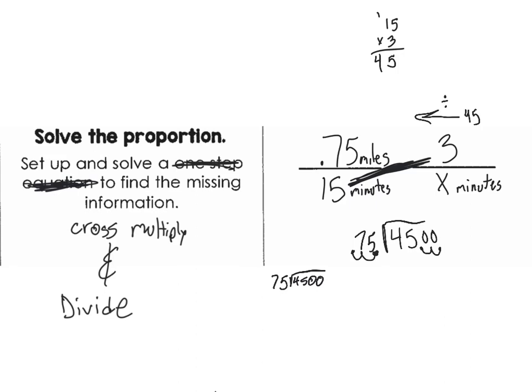75 goes into 4 0 times. 75 goes into 45 0 times. 75 goes into 450, I'm going to guess 6 times. And it is 6 times, exactly.